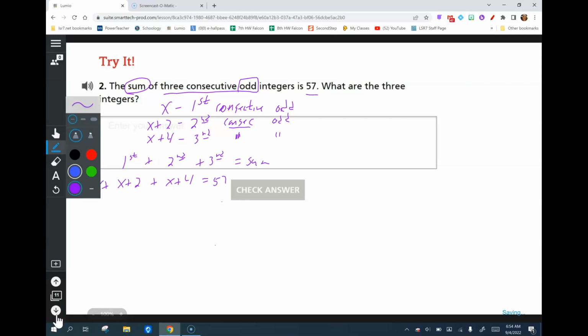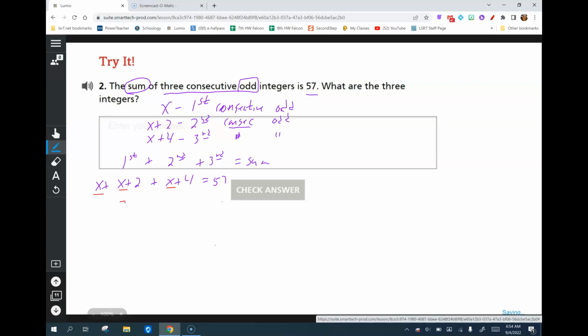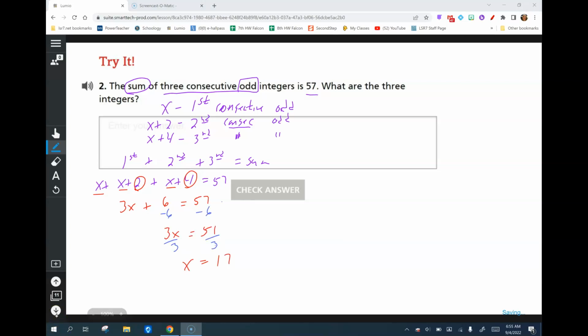And of course, we start off by combining like terms, x plus x plus x. And our like terms are 2 and 4, so we have 6. And now we have an equation we're going to solve. So go solve that. So we find out that x is equal to 17. That, of course, is not our answer. We're not done yet.